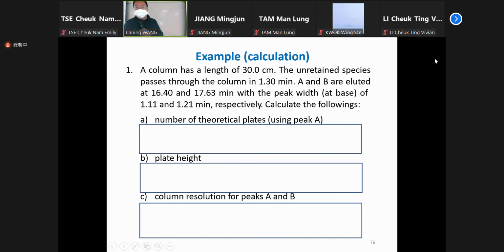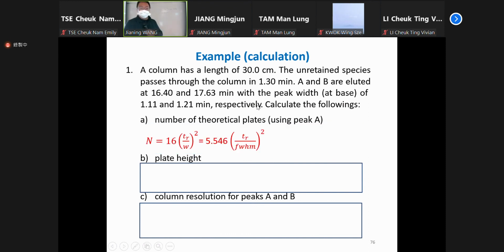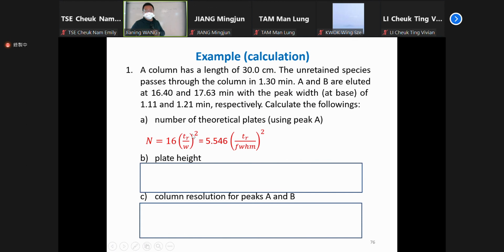Okay, so we got the unretained species. This is tM, and A and B correspond to tRA and tRB, right? For question A, we just find some equation that connects with the known quantities. Here, we are going to get a theoretical plate number. We have the base peak width and we know the tR, so we can calculate that.